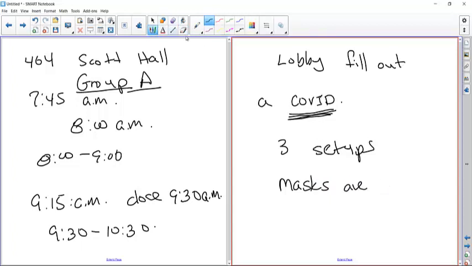If you need a break from the mask, you'll have to go out of the room. Masks are required because there could be other people in the room. That's going to be a little bit of a question, but it's only an hour, so hopefully we don't have any problems. If we do, we'll deal with it at that point.